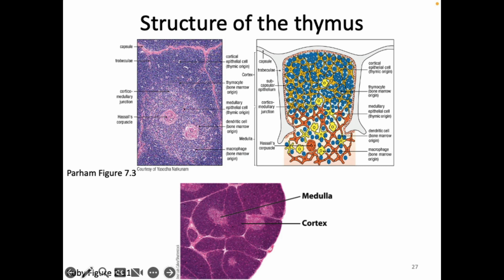And I really like this image down here because it shows there are medulla areas and cortex areas. It's not like one big medulla and one big cortex. It's not like the Target logo. You got some of each. And your textbook also has this nice image that's a cartoon version of it at the top.